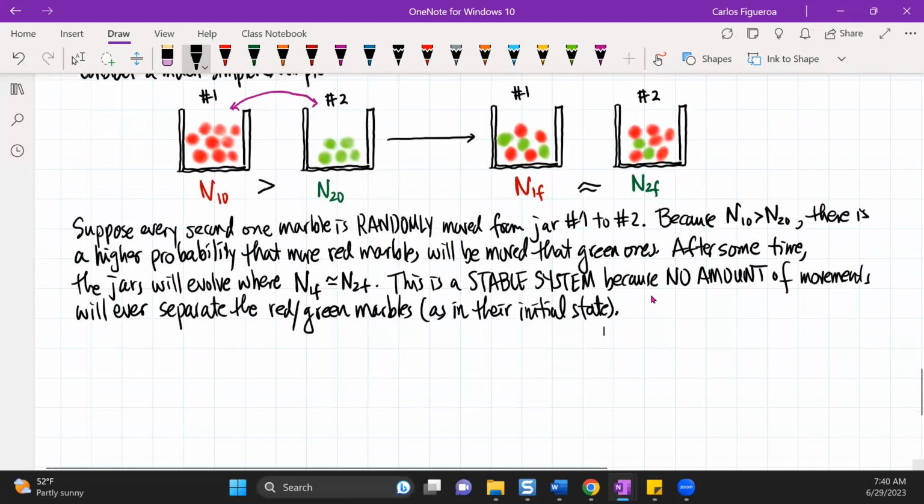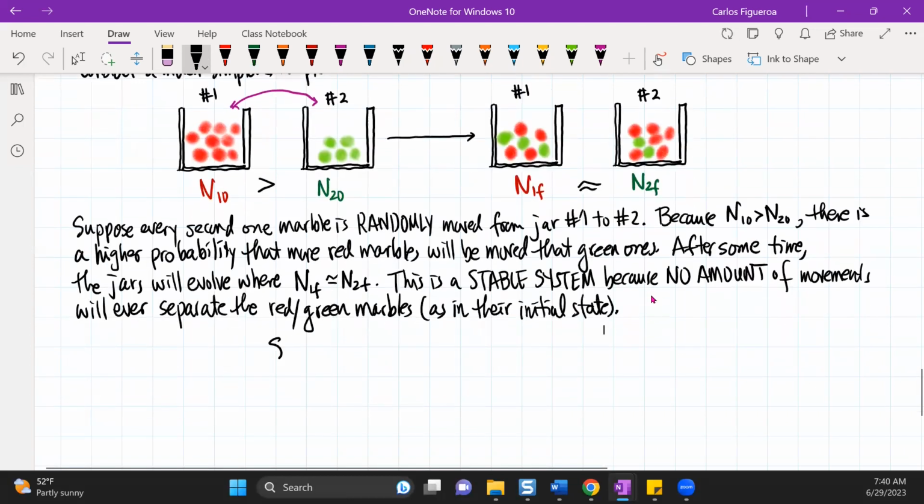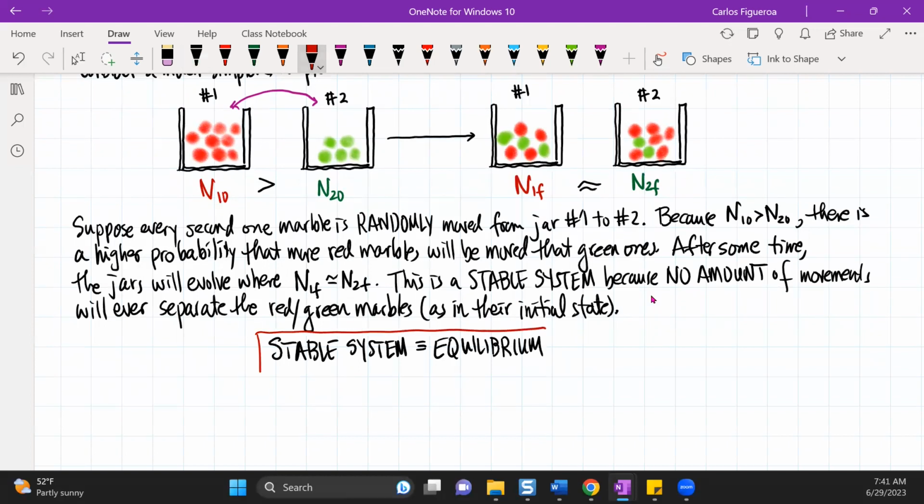In other words, when I say the word stable system, this is the same word as equilibrium. So when we look into thermodynamics, this is effectively what happens.